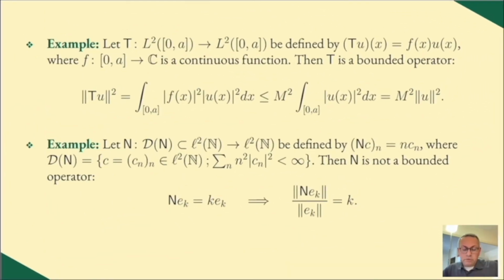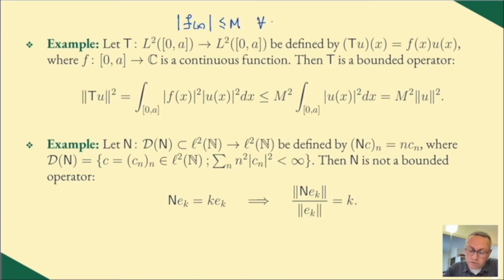Now, let's look at two examples. A first example is an operator T, which is defined on the Hilbert space L2 of the interval 0a, and it's a multiplication operator by a continuous function f on the interval 0a. You know that in that case, for a continuous function defined on a compact interval, you have a bound, right?